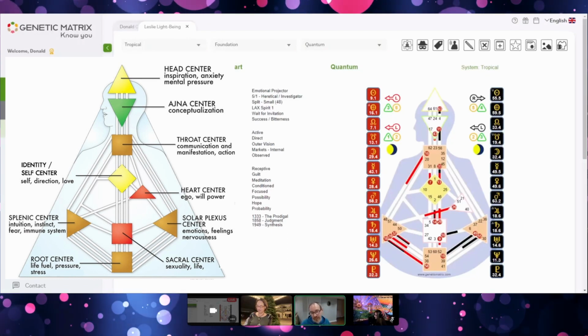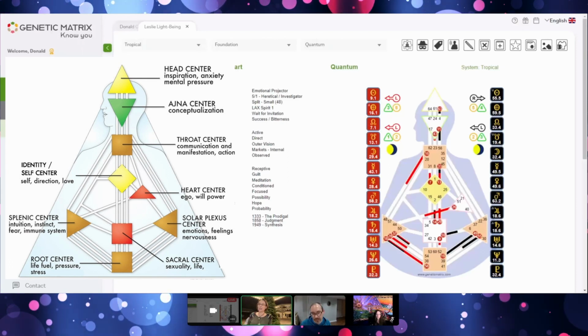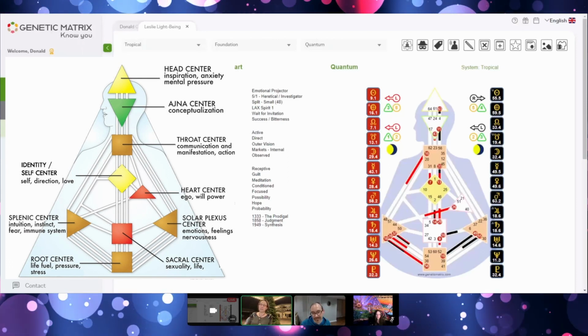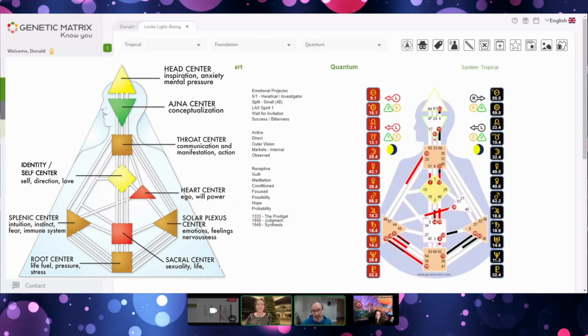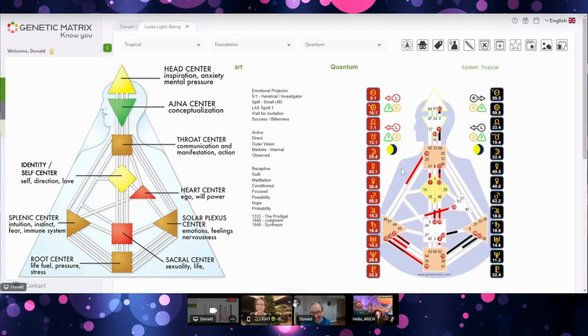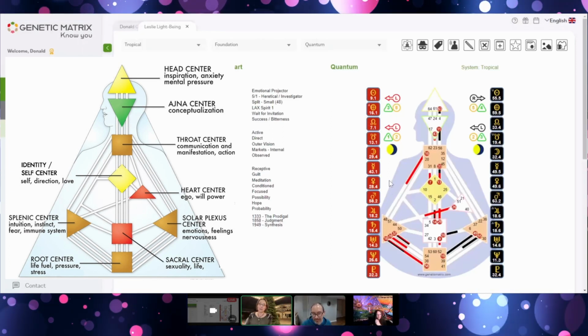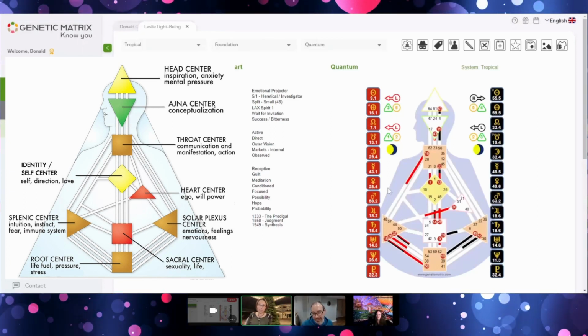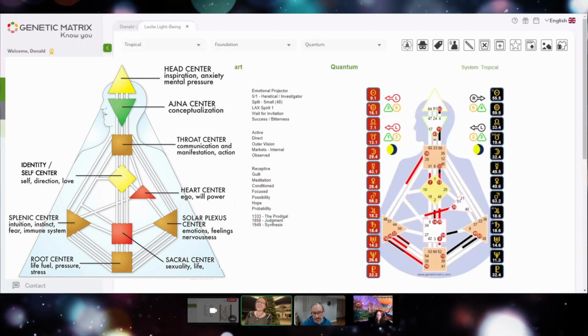So the two energies play off of each other. You lost me on that, but let's not go too far. Sorry, we could probably edit that out then. I can't even catch on to what you just said, so I don't know if you feel like it needs to be explained further.